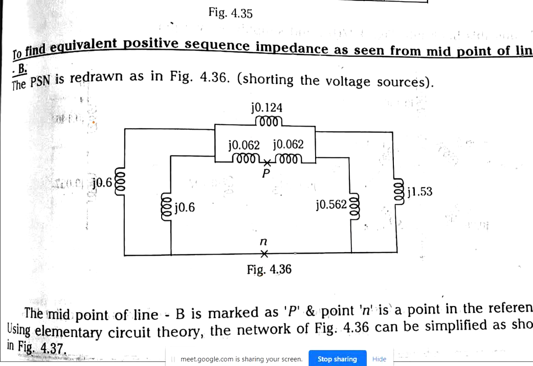Now to find the positive sequence impedance as seen from the midpoint of the line.